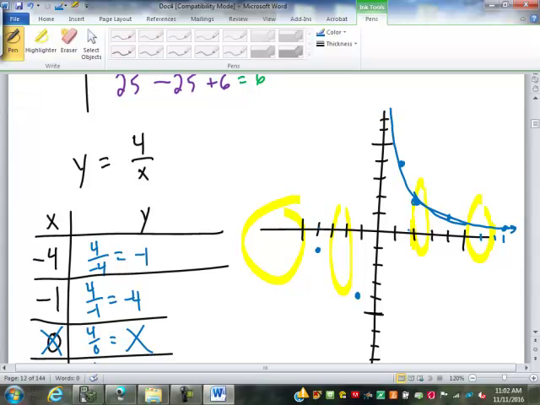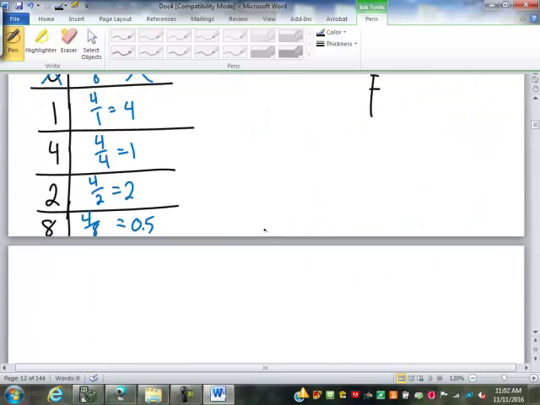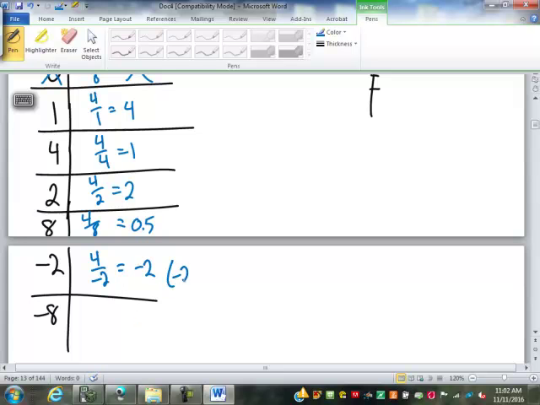On the other side, if x were -2 or -8, we're going to do these both at once. Y would be 4 divided by -2, or -2. So that would give us -2, -2 again.